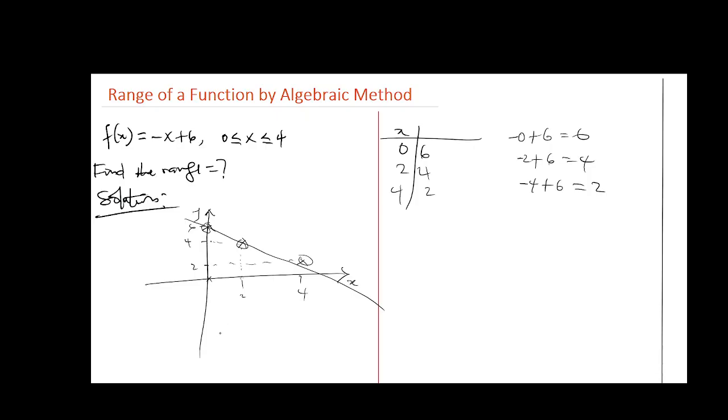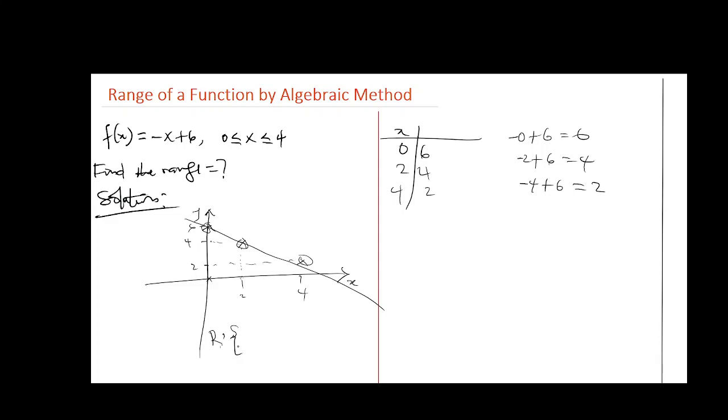So how do we write the range of this function? Because this is bounded, it doesn't extend to infinity. The graph is just a line segment, not an infinite line. We are going to have the range. Let's start with set notation.